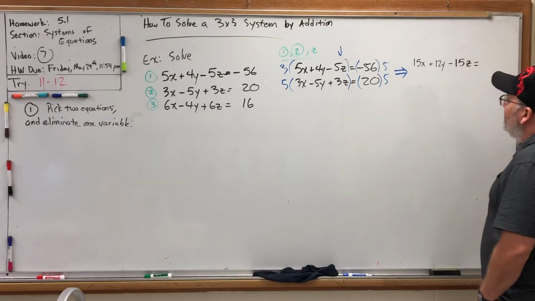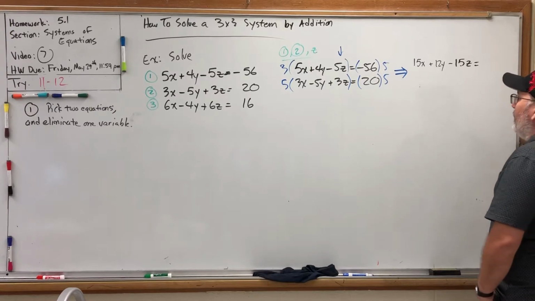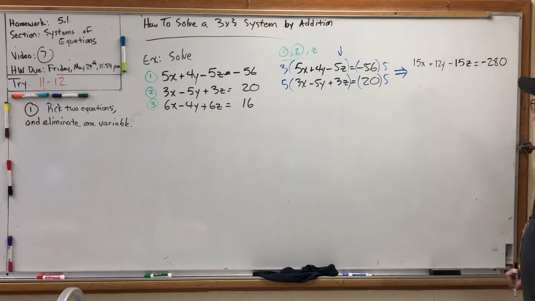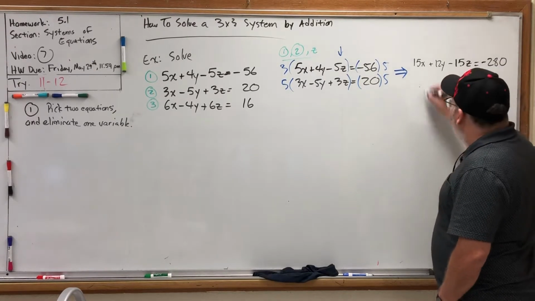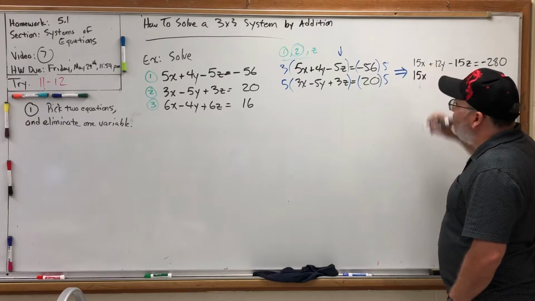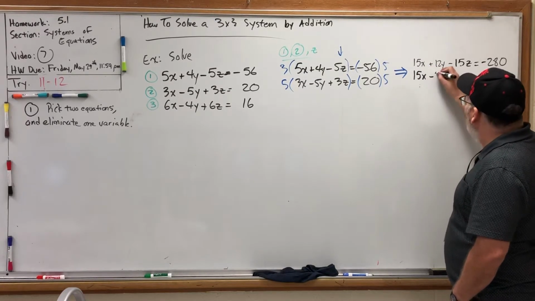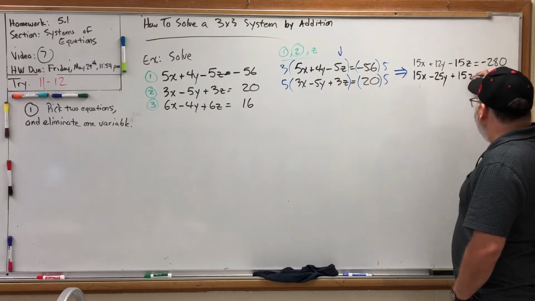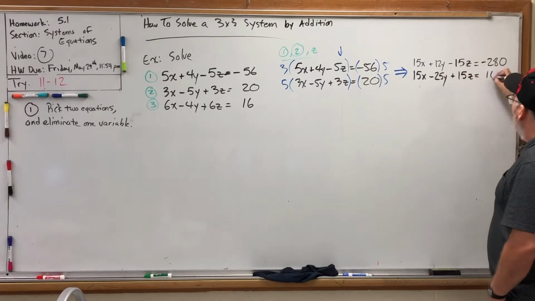Equals negative 56 times 5, which is negative 280. Use a calculator if you want to. If I multiply the bottom equation by 5, I will get 15x, those are almost opposites, minus 25y, plus 15z, there's the opposites I built, equals 100.